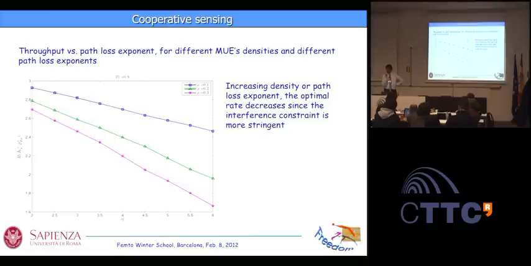But I think since it's opportunistic throughput and we are not taking into account the interference, as the path loss exponent is increasing, the throughput is decreasing, because the interference is not affecting anyway.